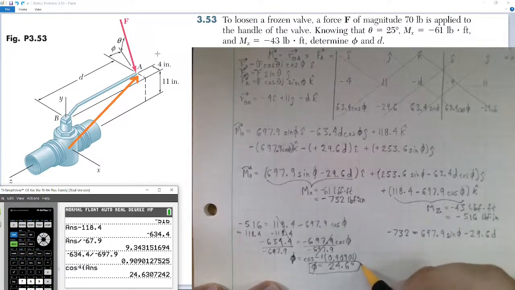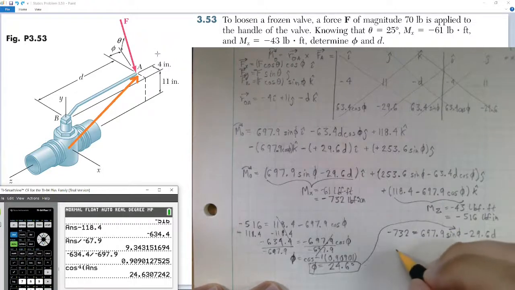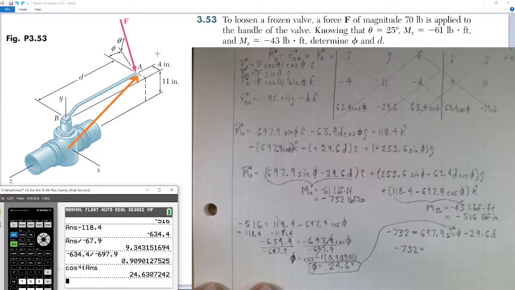We can now substitute this value in, 24.6 degrees. I'm just going to multiply 697.9 times sine of our answer we just got.